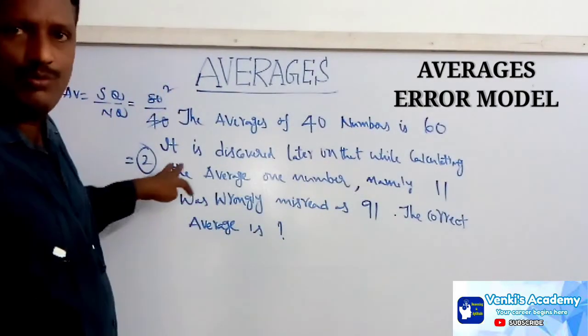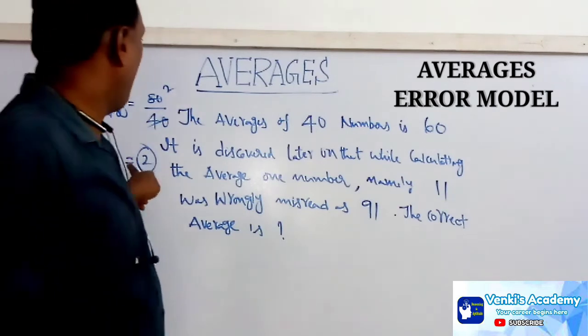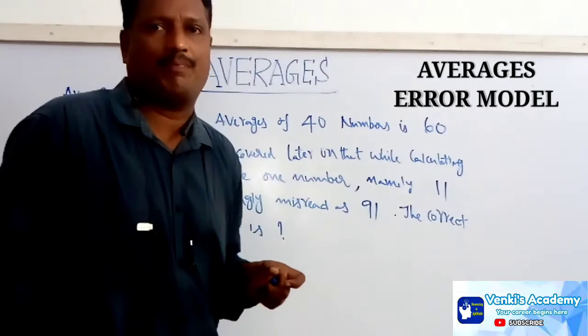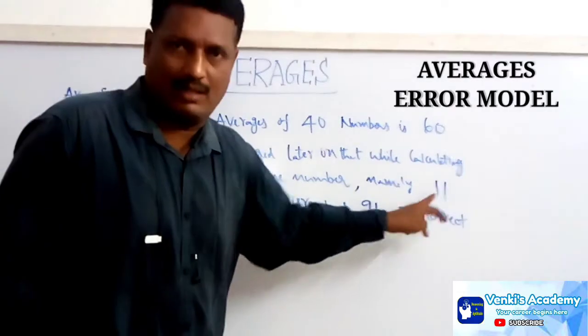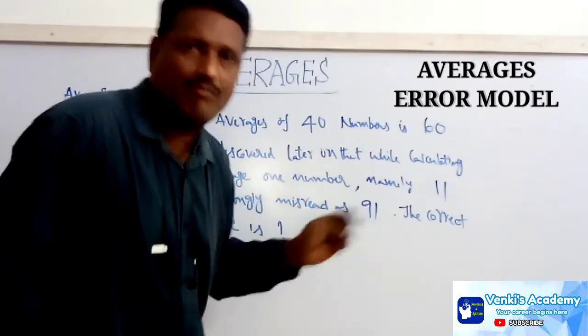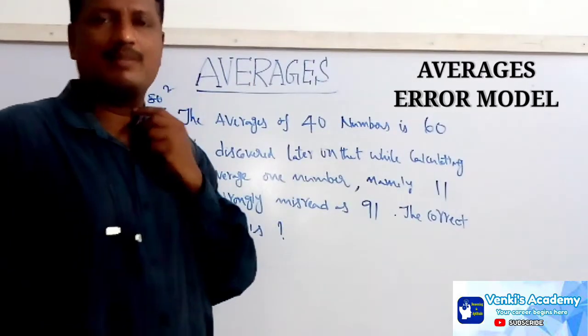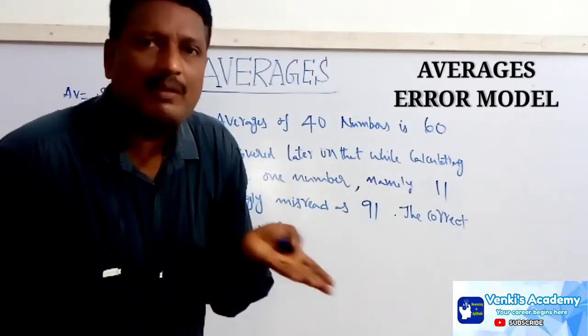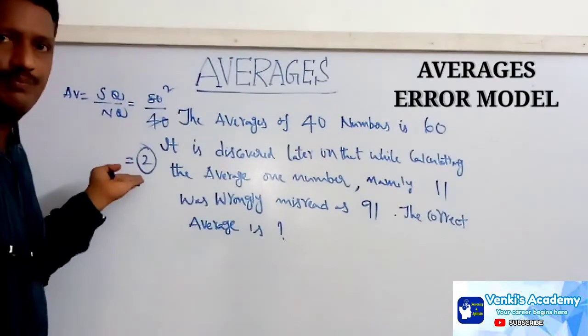So what we have to do with this 2 average: whether we add this 2 to 60 or subtract it from 60. Here actually we have to take 11. Instead of 11, we have taken 91. That means we have taken excess value. That means 80 we have taken as excess value. This 80 we have converted into the average. It becomes 2.